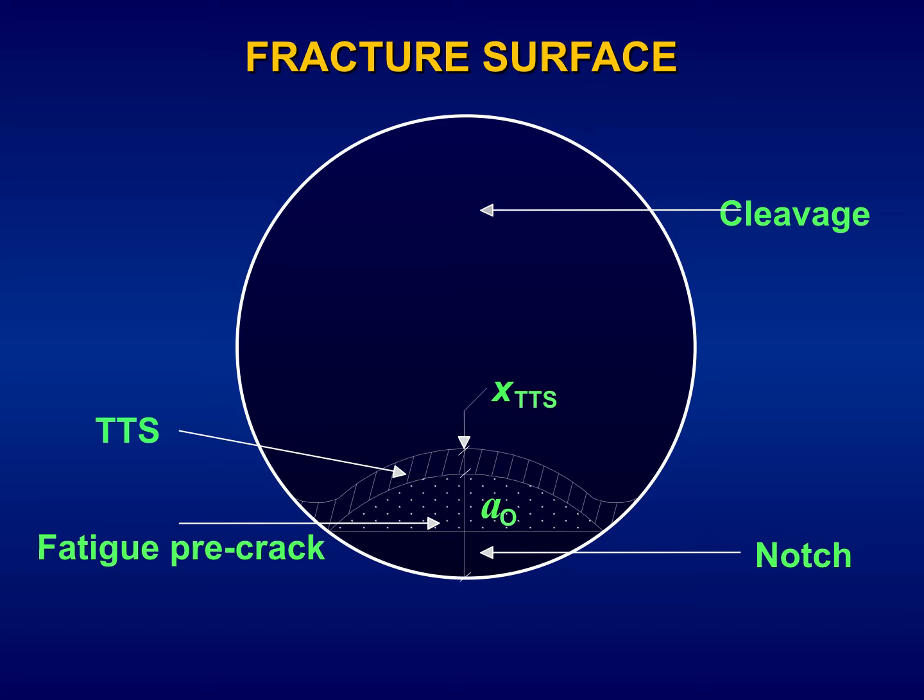Final fracture by mechanical reasons by cleavage. Then AH, the total crack depth, crack length, is AH, equal to H0 plus XTTS. Then we have an addition of the mechanical fatigue pre-crack H0 and the prolonging tearing topography surface depth.